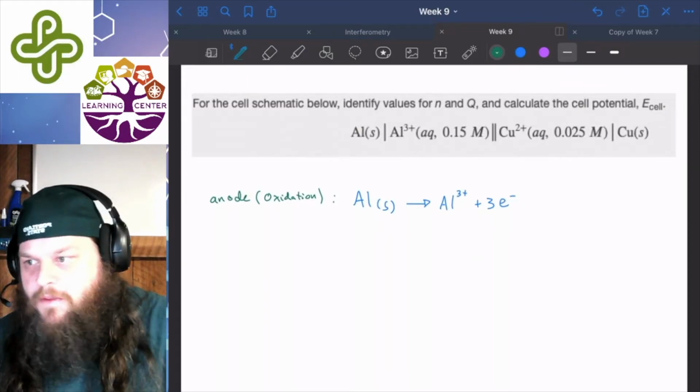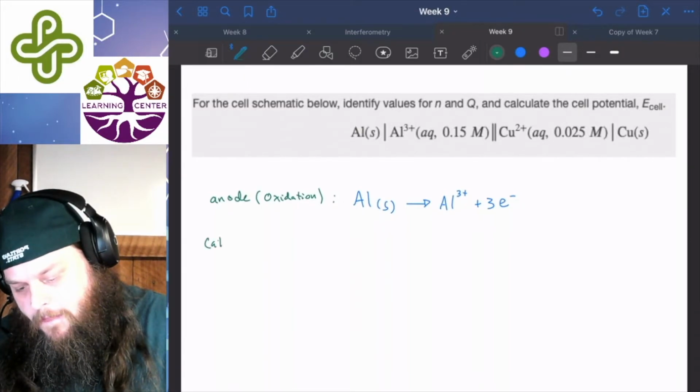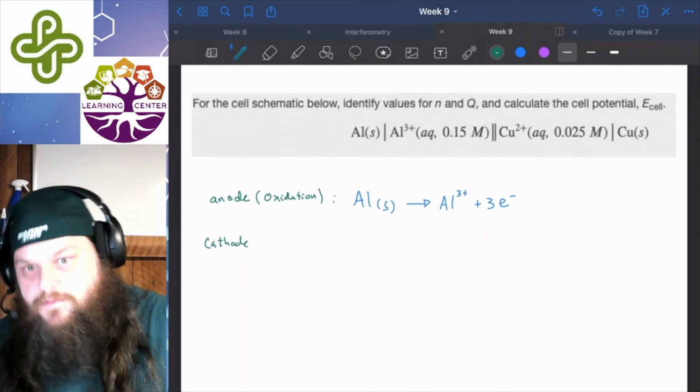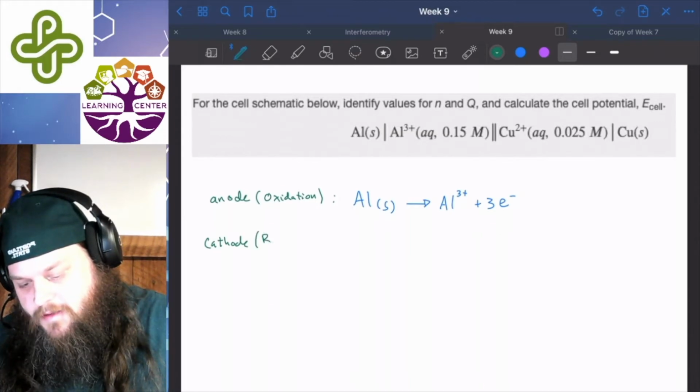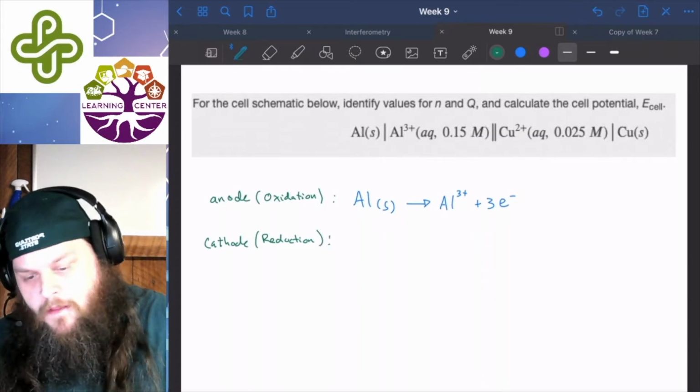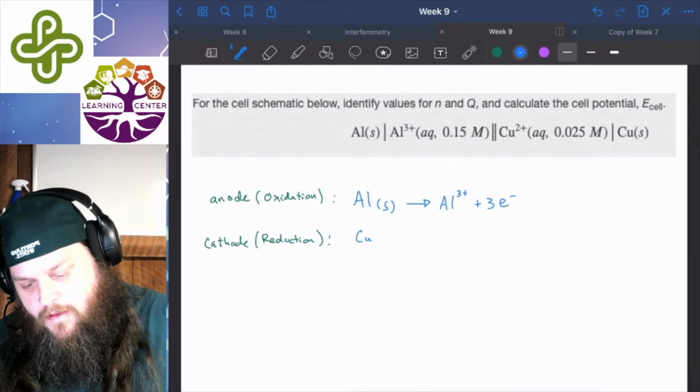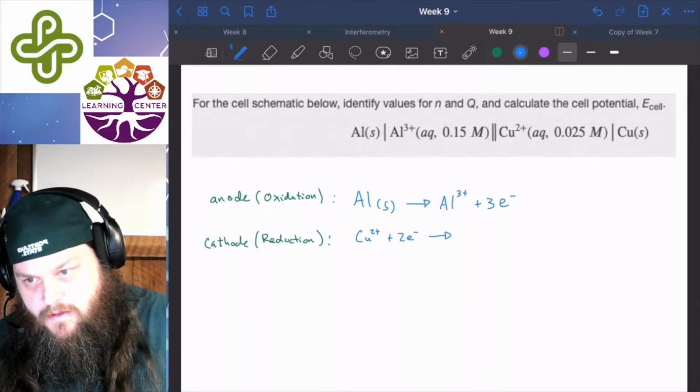If we write out the cathode, we can see that's going to be a reduction. And there we have the copper 2 plus and 2 electrons will produce copper solid.